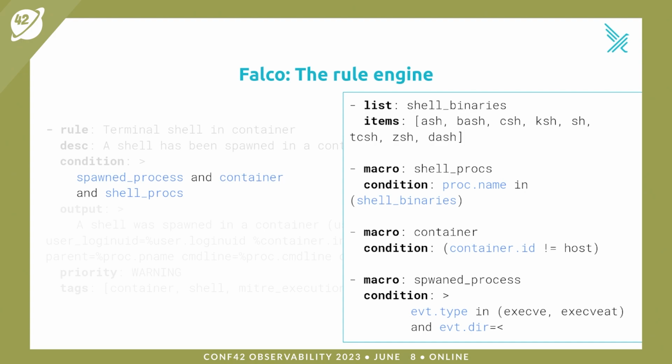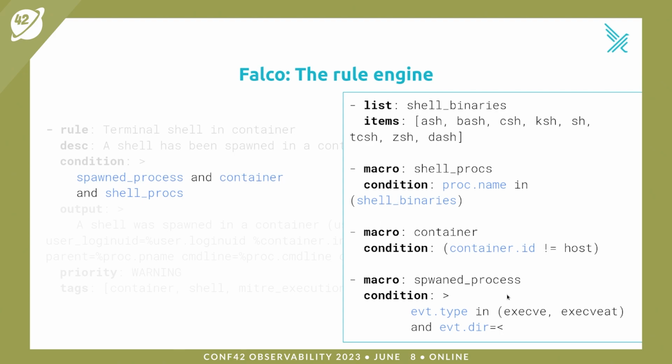It's really convenient and easy to read, even if you are not a specialist. We also have this macro, container. If container.id, already a built-in field, is different from host, it just means that if we have something different from host, the events happened inside the container, which is obvious.